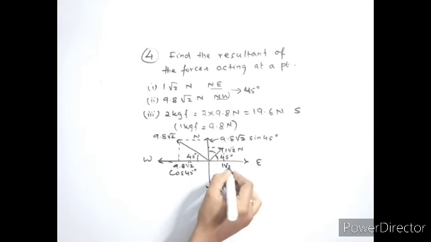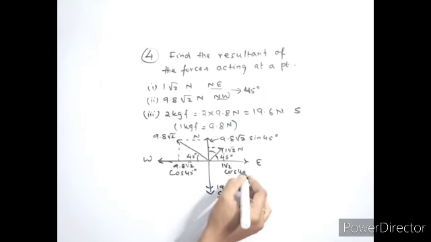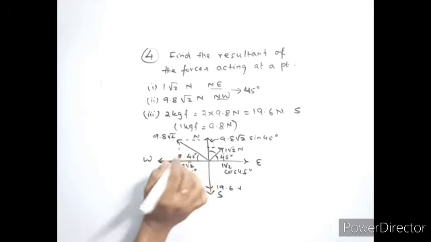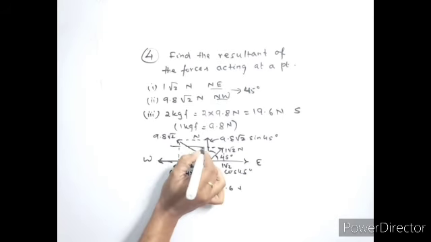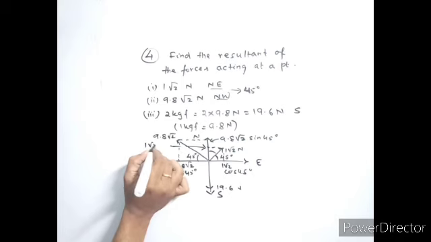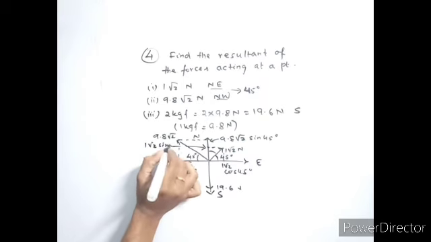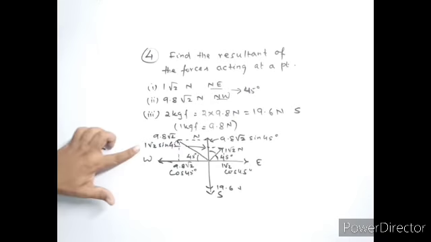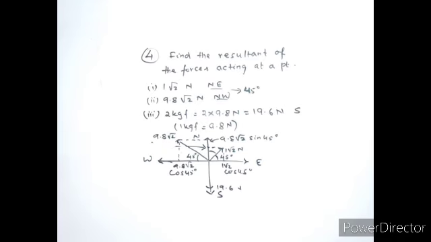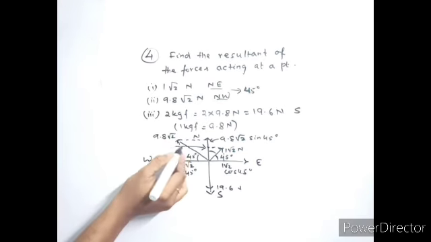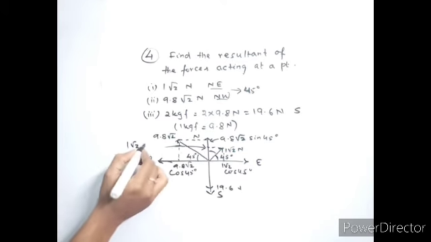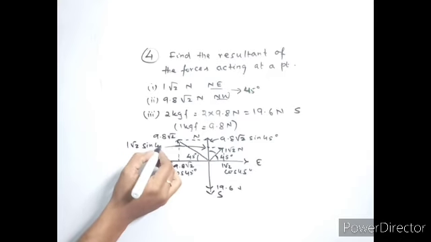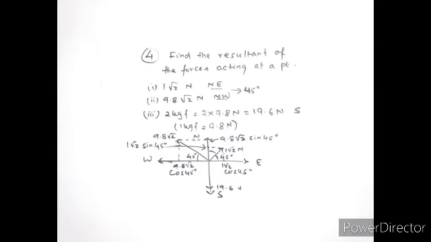Similarly, we have 1 root 2 cos 45 in the east and 1 root 2 sin 45 in the northern direction. Let me rewrite it again for clarity.